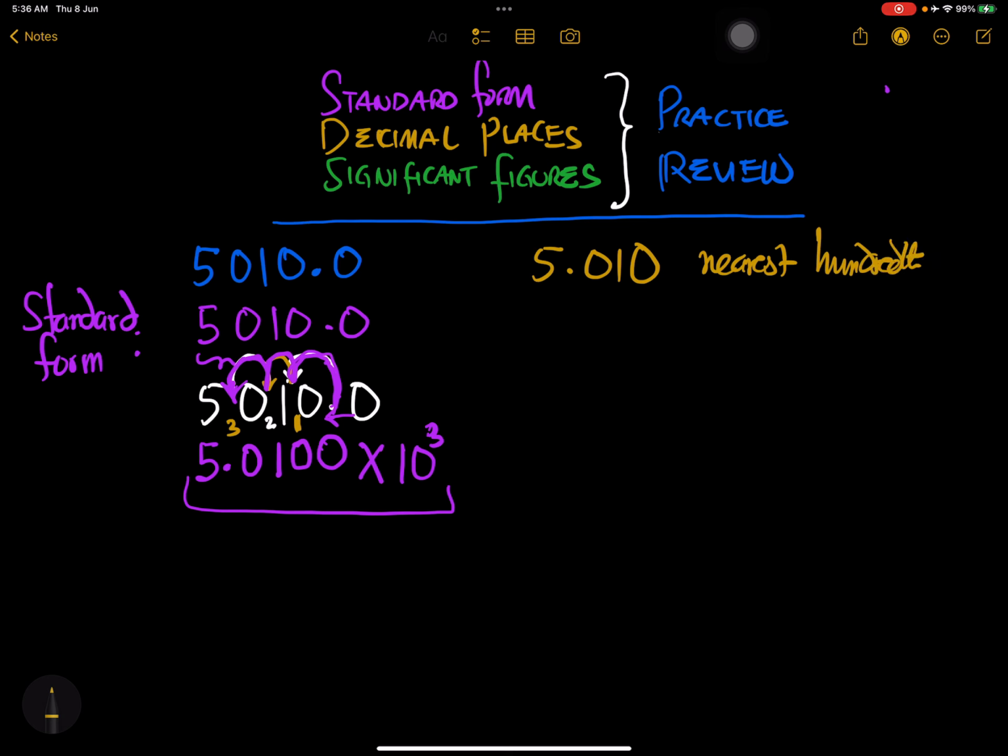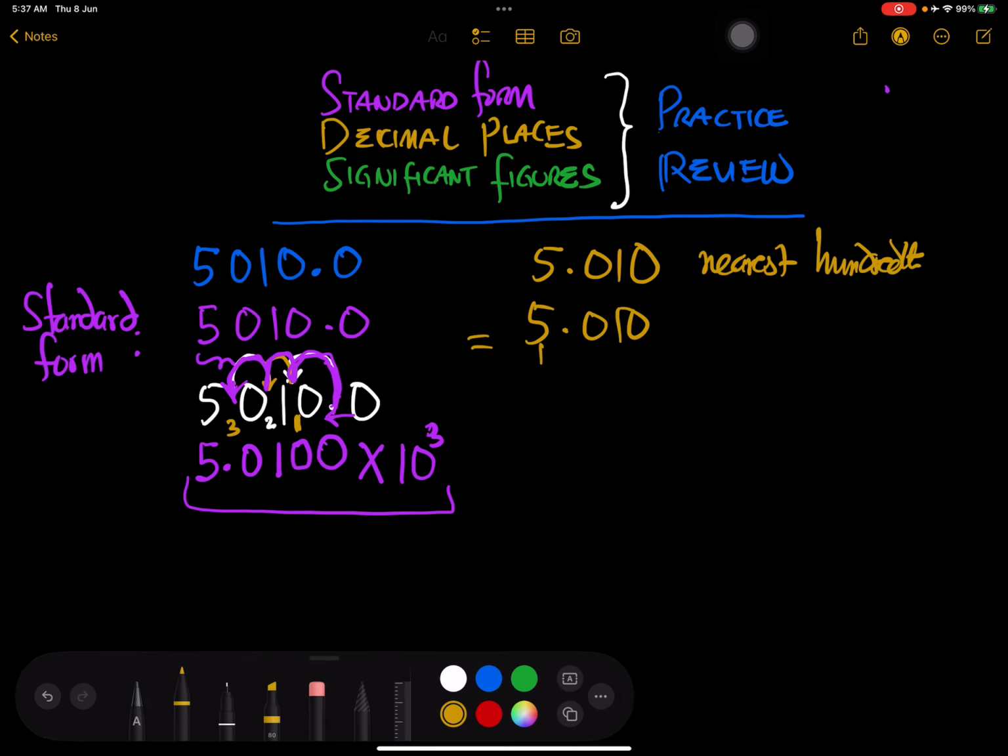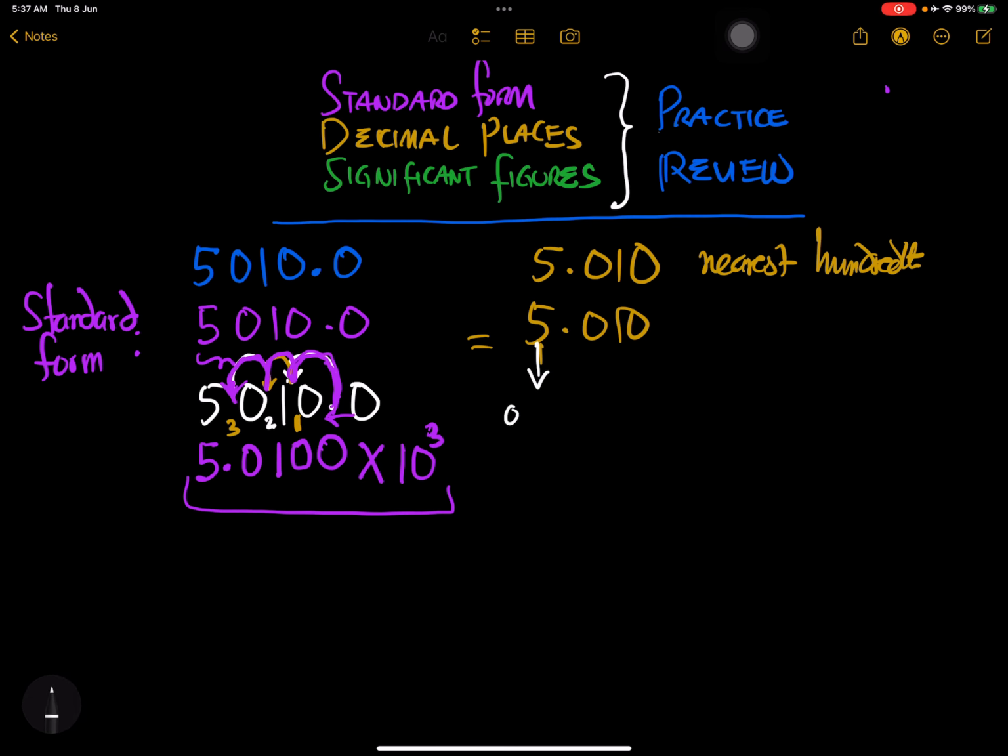If you remember, we said that if you have 5.010, this one is the ones column.